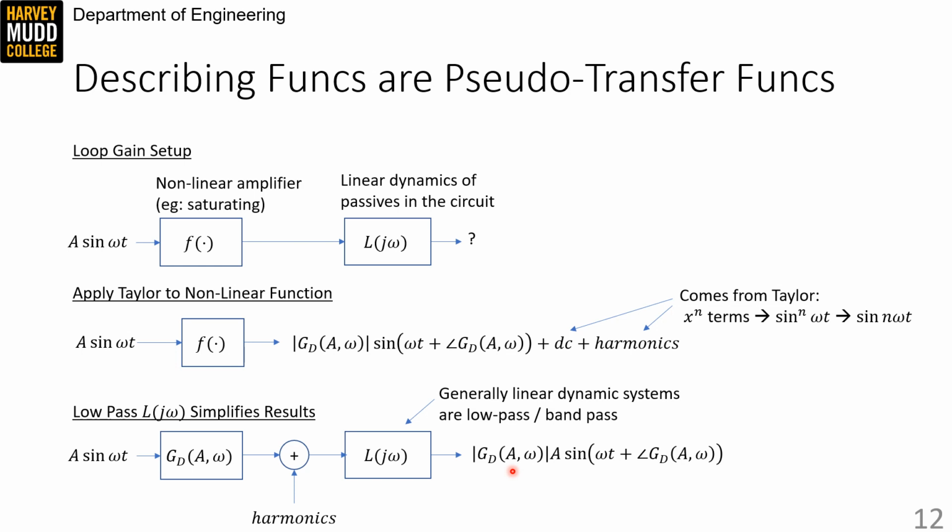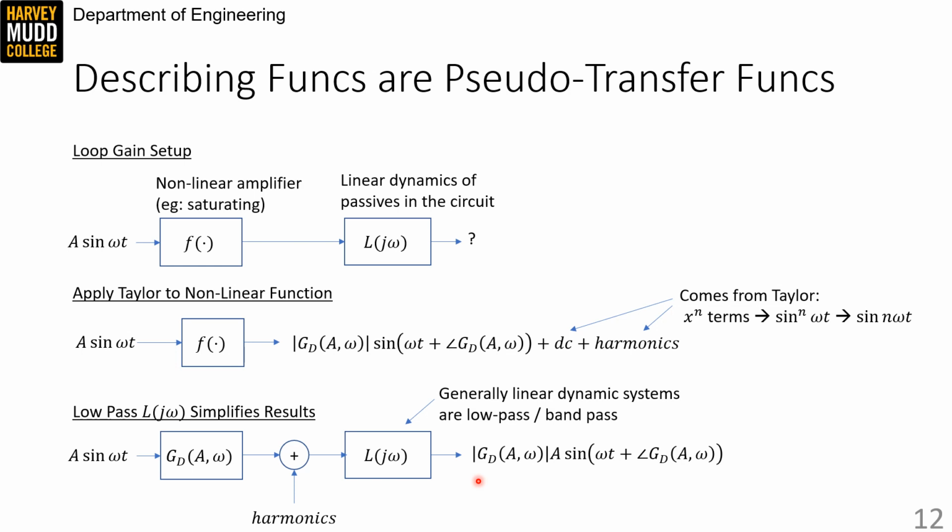There's a couple of ways you can think about how that works. One is that the poles of our loop gain are going to move around as our sine wave amplitude changes. So we can get dramatically different dynamics as the input gets bigger or smaller.